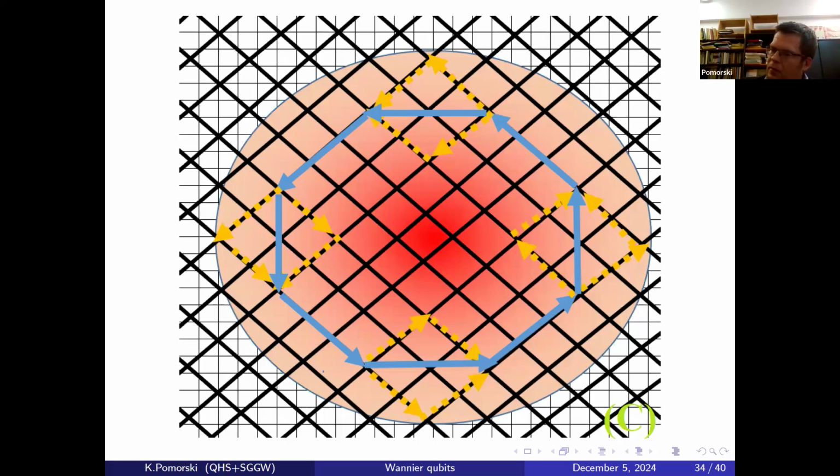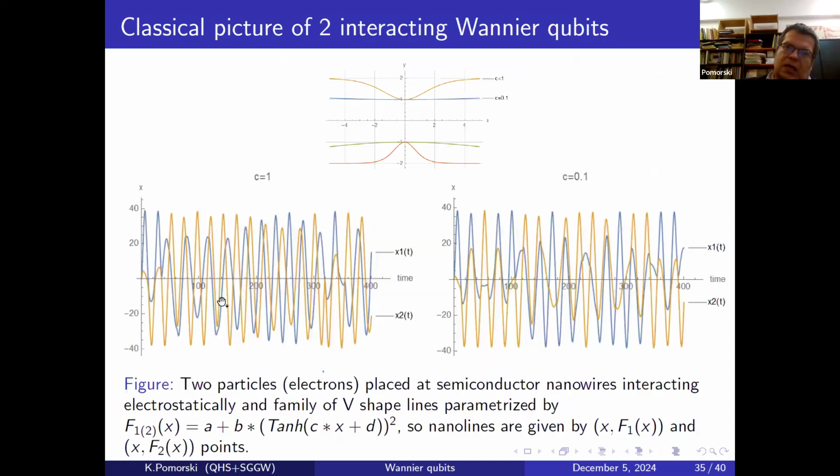All right, so let me move on. Yeah, then there is a lot of richness of behavior in such structures, because now I'm still talking about these Wannier qubits, so that you have two bended tangent square-like lines as given here, but they have a different bending.